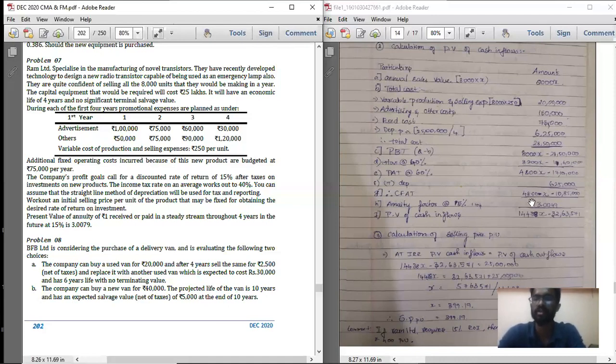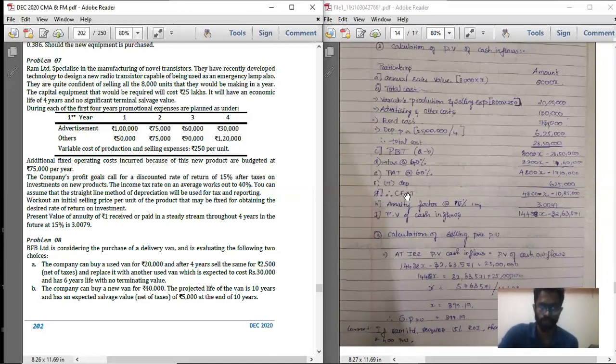Underline it and below that record 4,800x, minus 17,10,000 plus 6,25,000, you are getting minus 10,85,000. So record 4,800x minus 10,85,000. This is nothing but CFAT. Small g, therefore CFAT. So we have found CFAT: 4,800x minus 10,85,000.